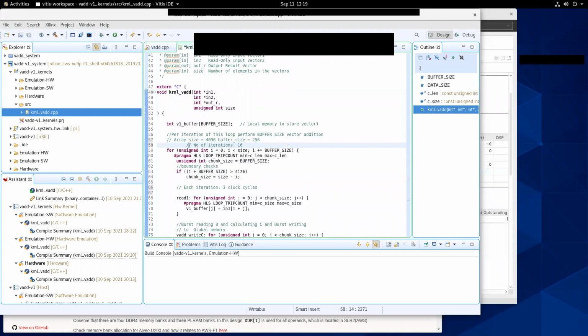The outer loop goes through 16 times. Each iteration takes 3 clock cycles, and the chunk size is 256. The buffer size is 256, right?